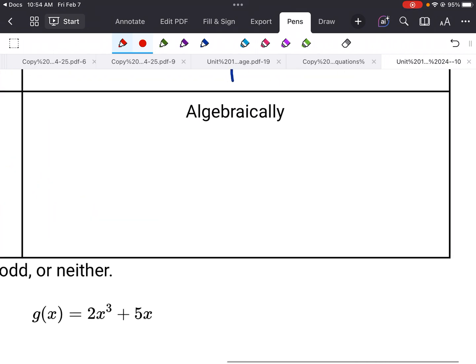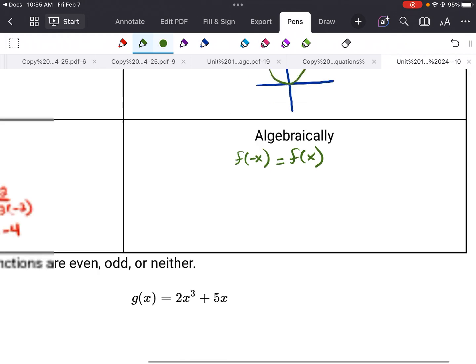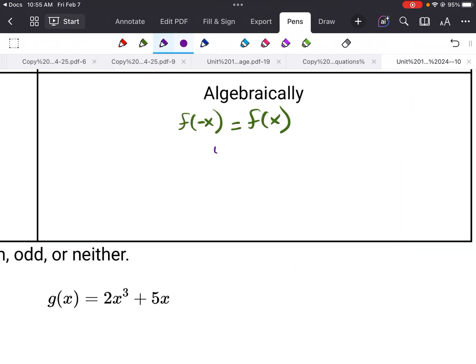For even, when you plug in the negative of x, you still get the original answer. Okay, so if we're working with y equals 2x squared, okay, when x is 2, y equals 2 times 2 squared, which is 2 times 4, we get 8.